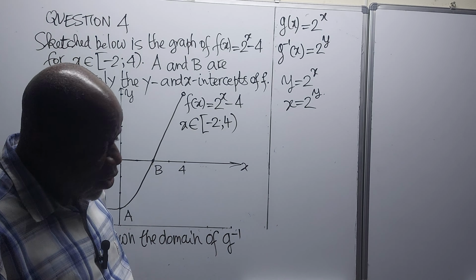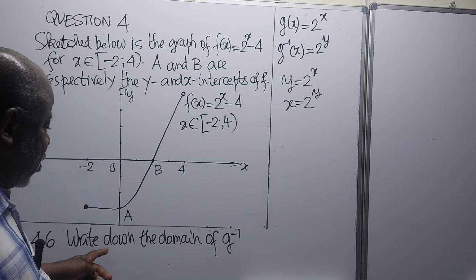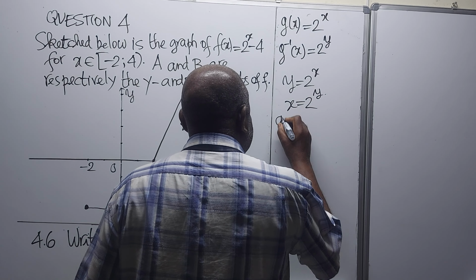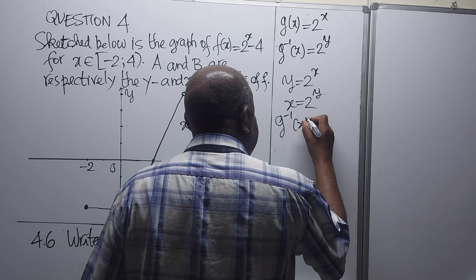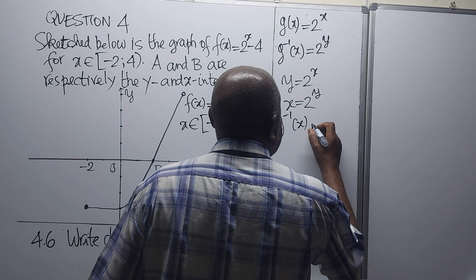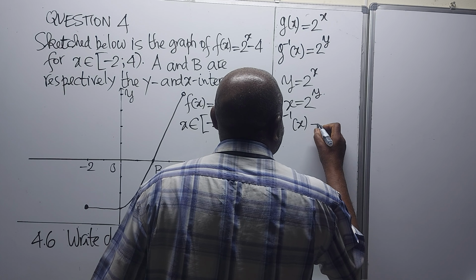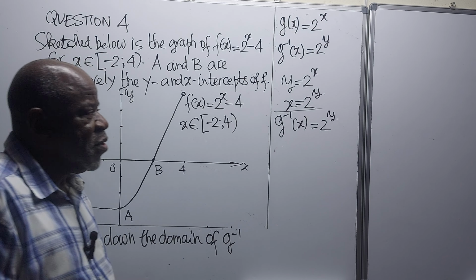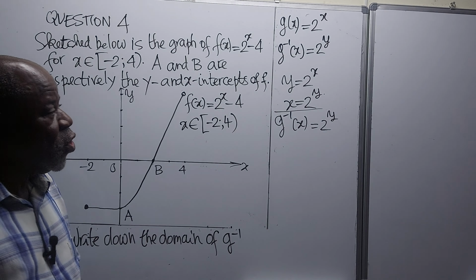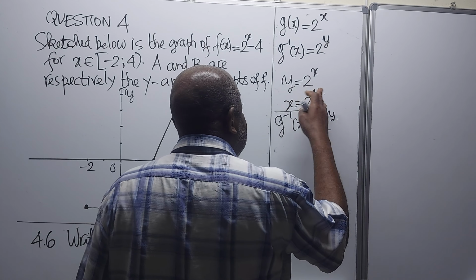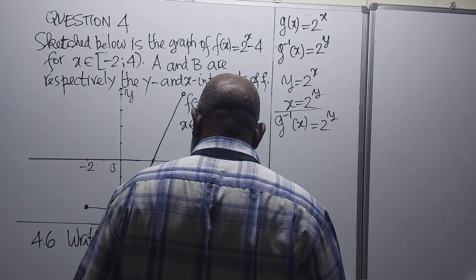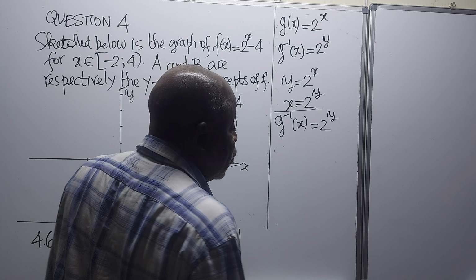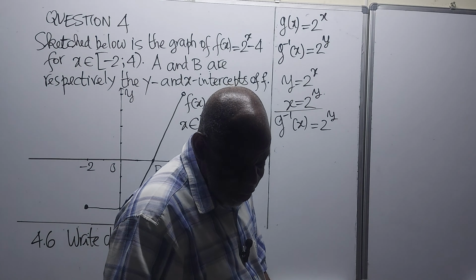With this now, I'm going to respond to the question for the domain of g of negative 1. So I'll write g of negative 1, which is equal to 2 to the power of y. From this, I'll be taking the log of the left and the right side. So we'll be having, no, we just want the domain here. So the domain, I'm going to write it like this.